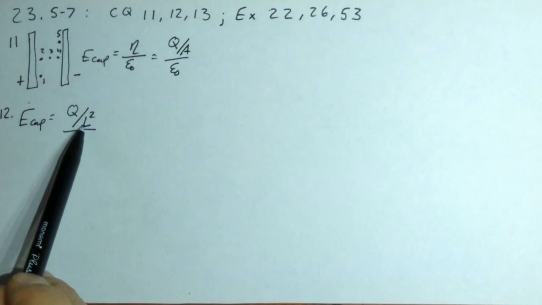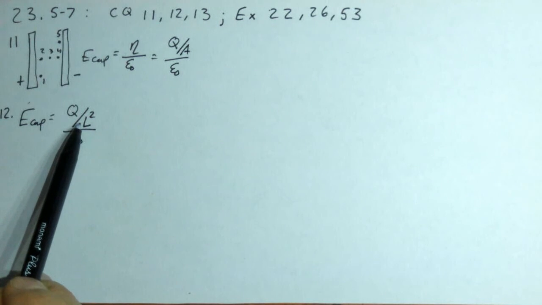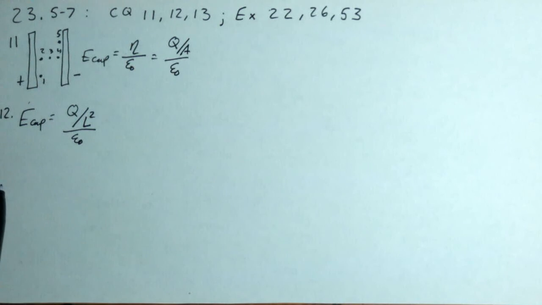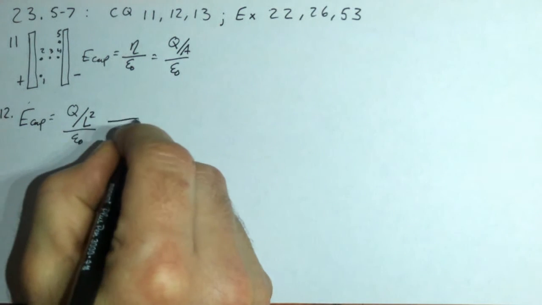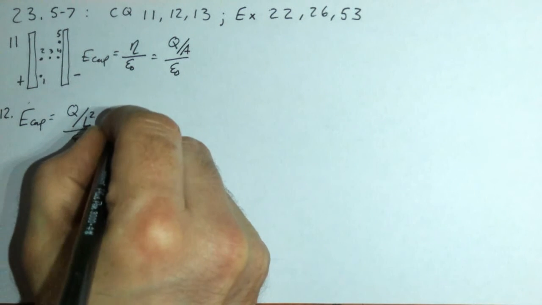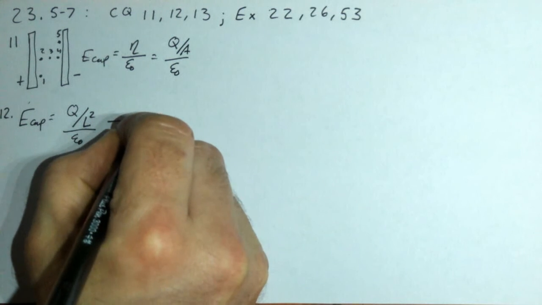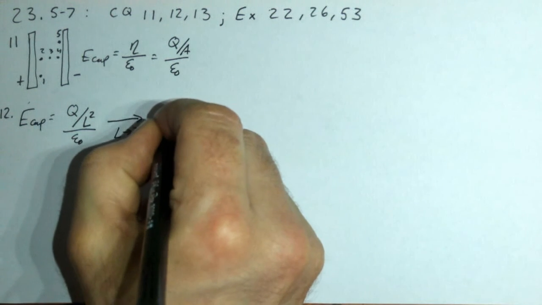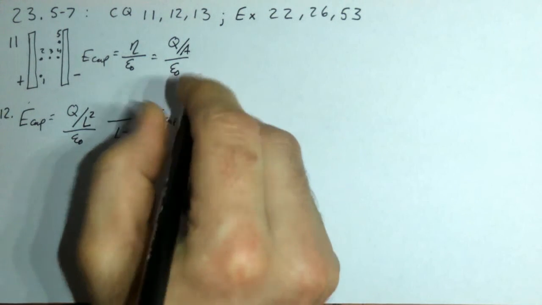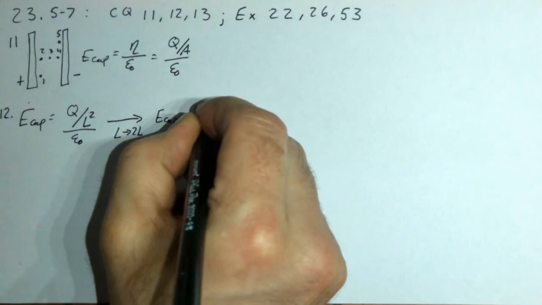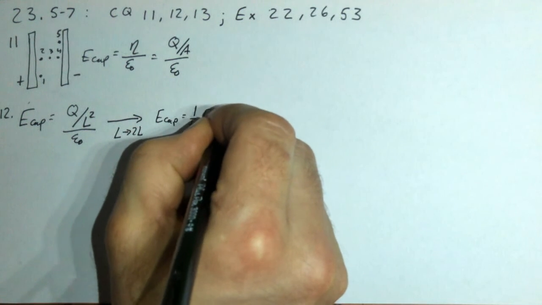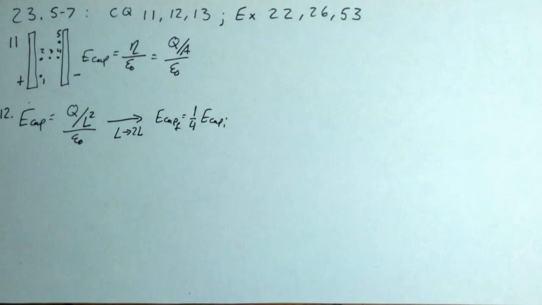So if the length doubles, then the quantity in this denominator goes up by 4, and since it's the denominator, that makes it 1/4. So I'm going to write that out. If L goes to 2L, then the final E capacitor equals 1/4 E capacitor initial.